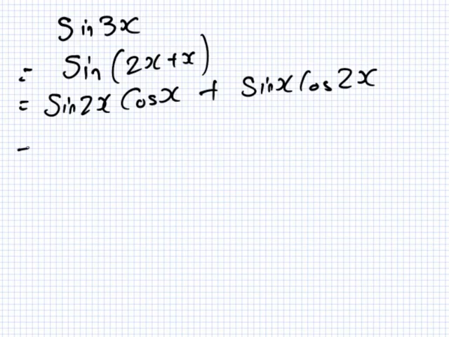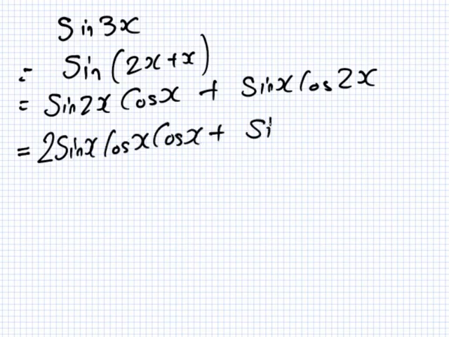But sine 2x, we have a formula for. What's sine 2x? 2 sine x cos x. So 2 sine x cos x cos x plus sine x, and then the formula for cos 2x is cos squared x minus sine squared x.